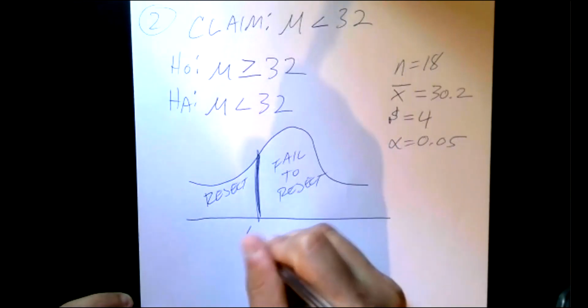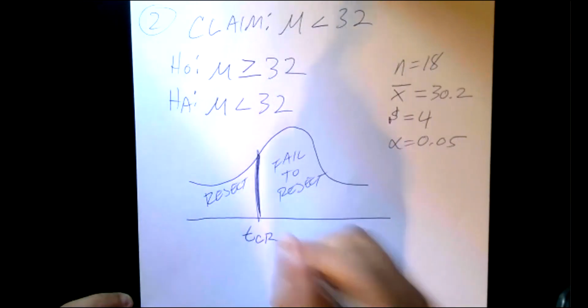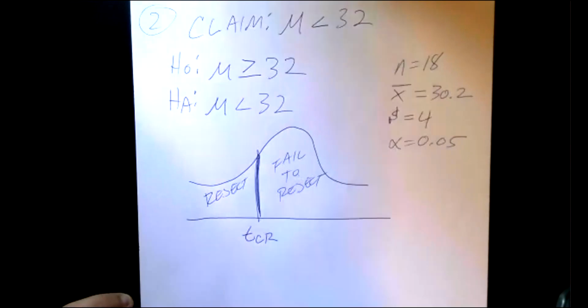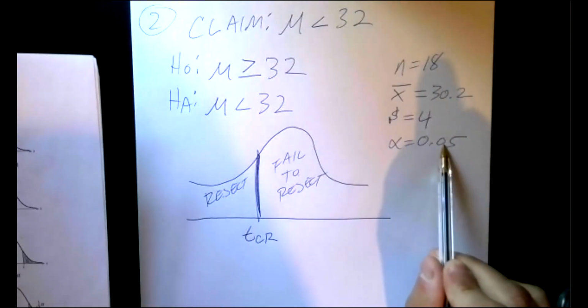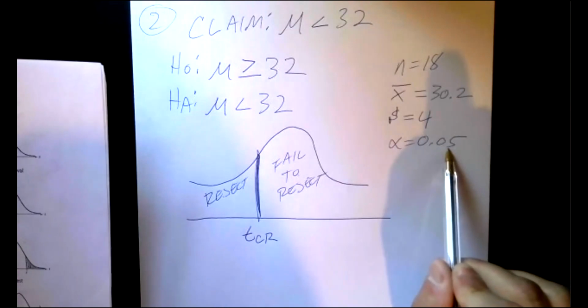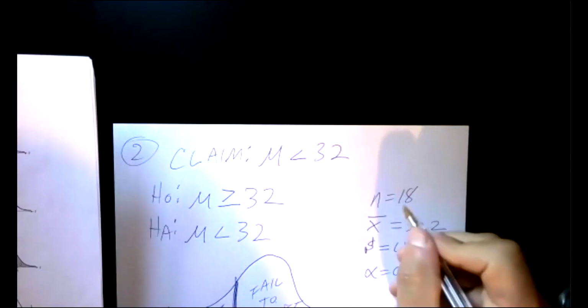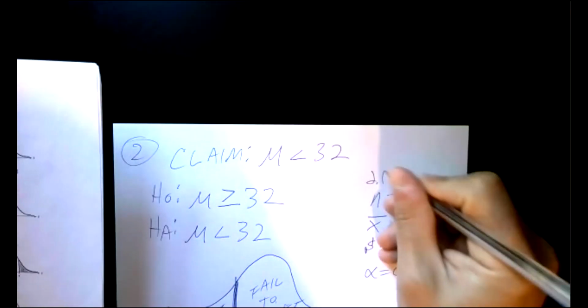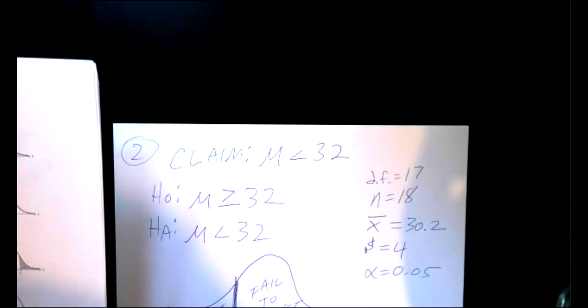We need to know the t critical that separates reject from fail to reject. If we go to our t table, the alpha value in one tail is 0.05. n is 18, which means degrees of freedom are 17.